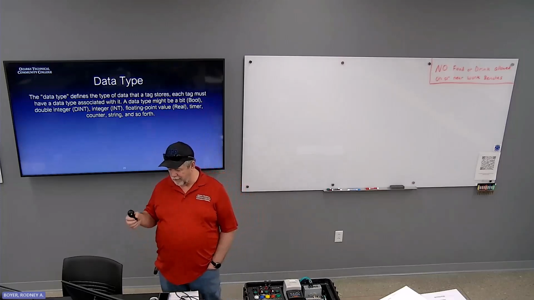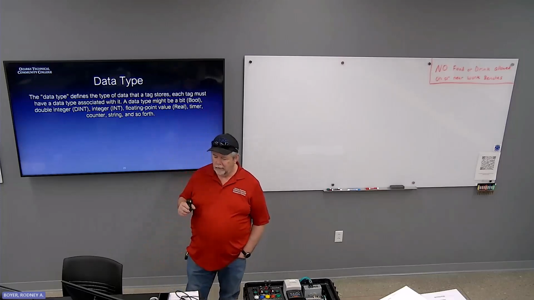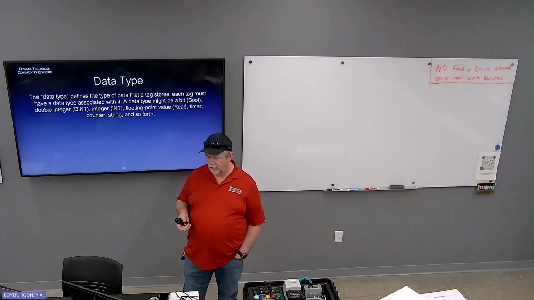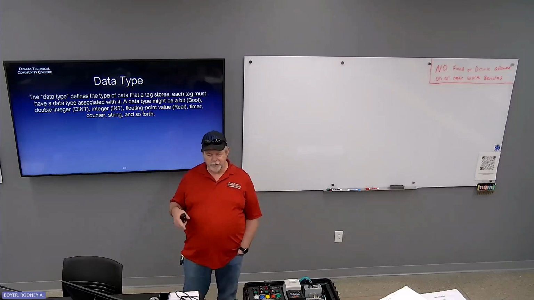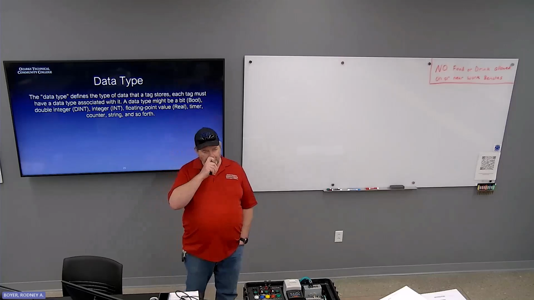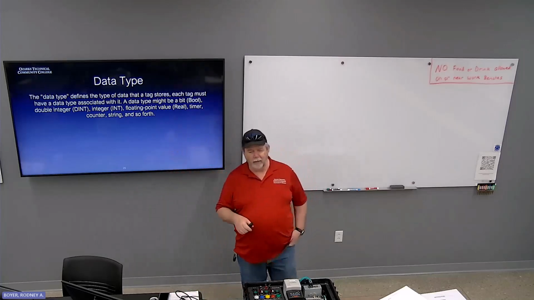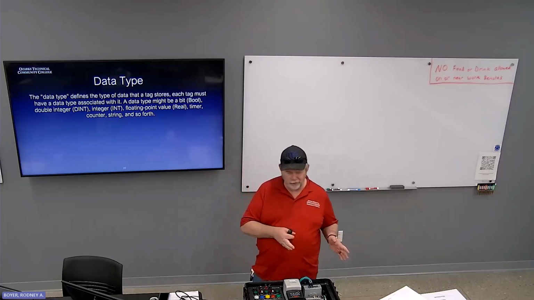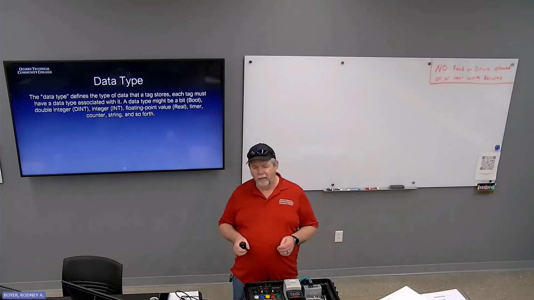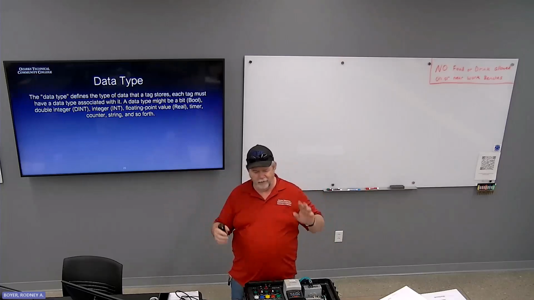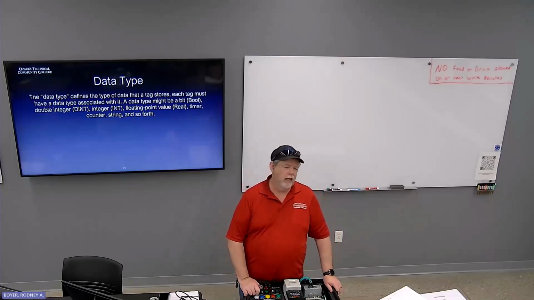The data type might be a bit, which is a bool, double integer, which is a dint, integer, which is an int, floating point value, which is real, timer, counter, string, and so forth. There are hundreds of different data types that are available. Some of them are specific to motion. Some of them are specific to other very specialized functions that we're not going to get into in this class.